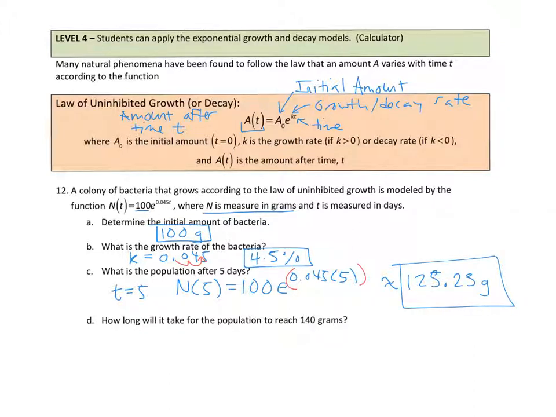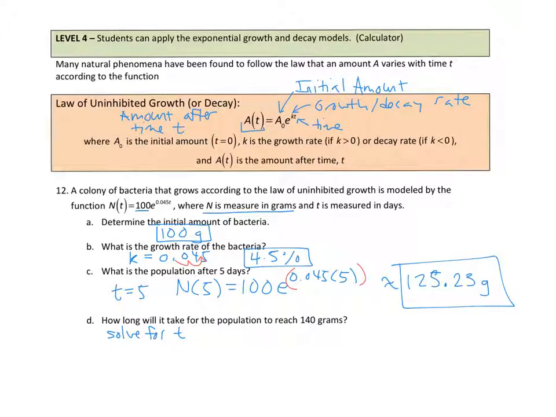And in part D, how long will it take for the population to reach 140 grams? In this one, we want to solve for t. And we know the amount at the end of that time period is 140 grams. So the amount after time t is 140. That is our output.